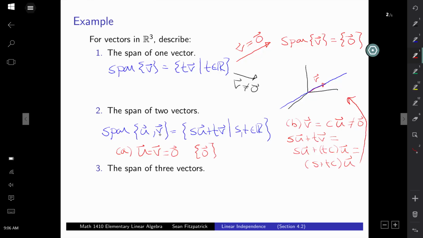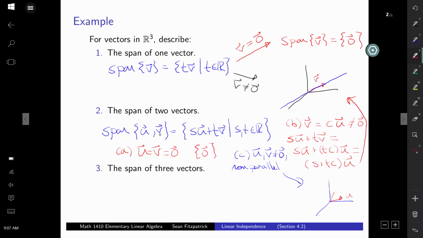The final possibility, possibility C, would be that U and V are both non-zero and non-parallel. In that case, we know what we would get. Here's our coordinate system.